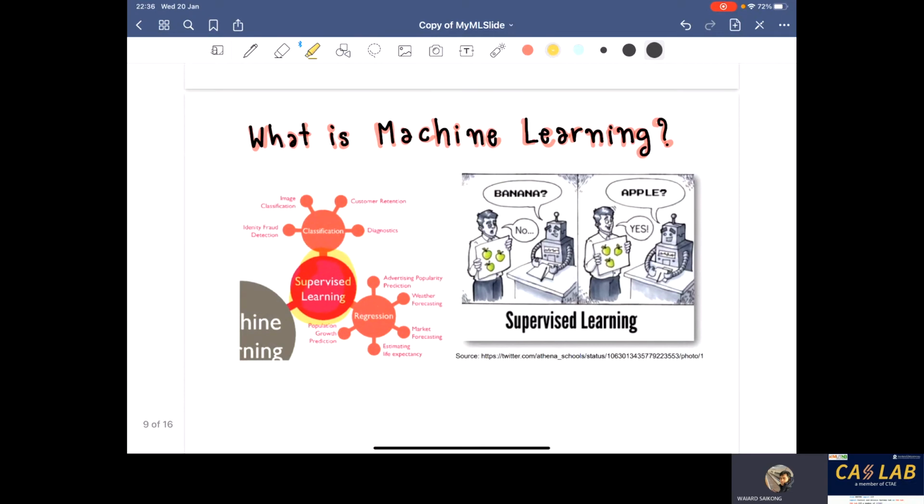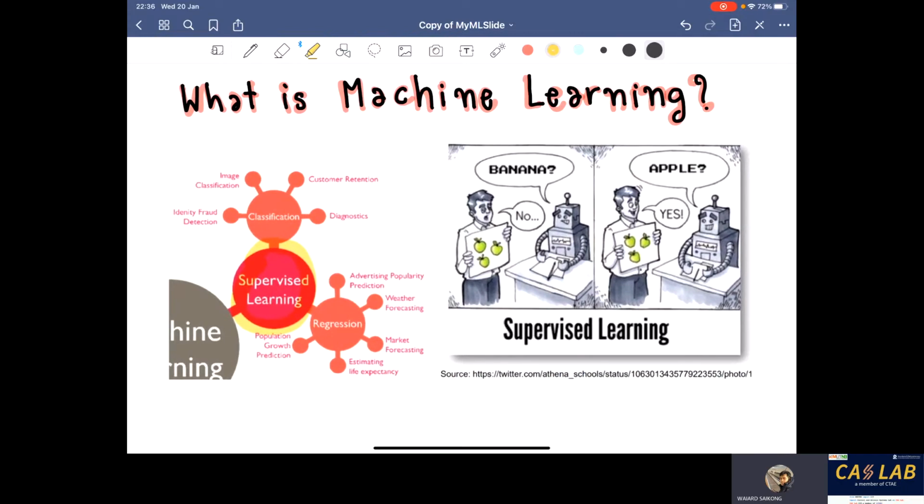Supervised learning problems are categorized into regression problems and classification problems. You give the dataset to train on, and the dataset is just like pictures of apples. And we give the correct answer to the machine. The machine will learn from that.